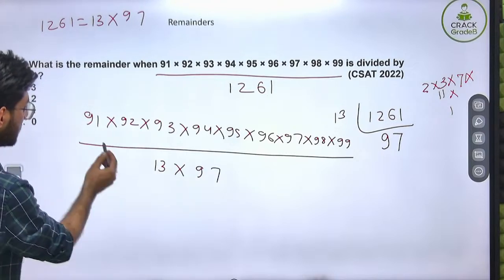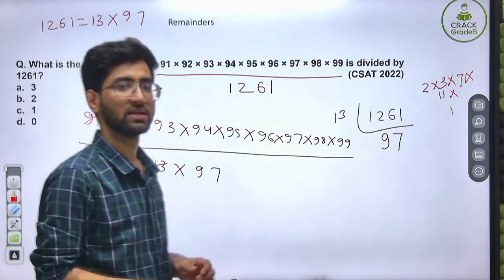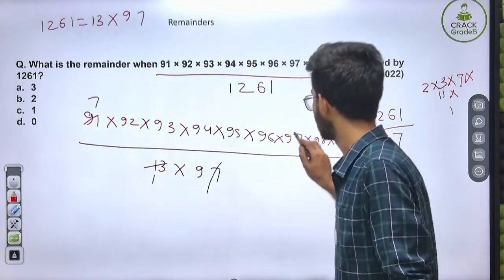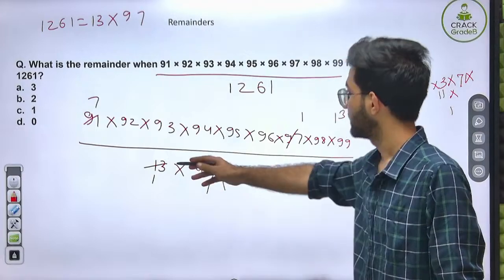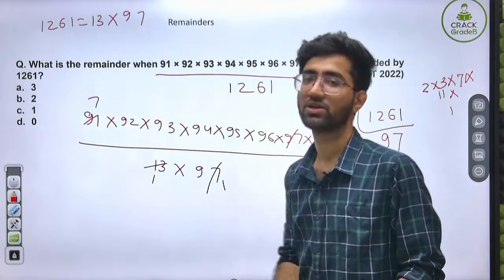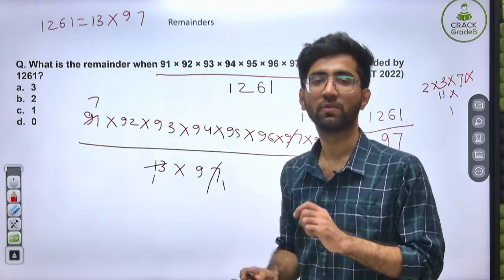So let us look at 13 into 7 is 91, and then 97. This number is perfectly divisible by 13 into 97, which means this number is perfectly divisible by 1261.